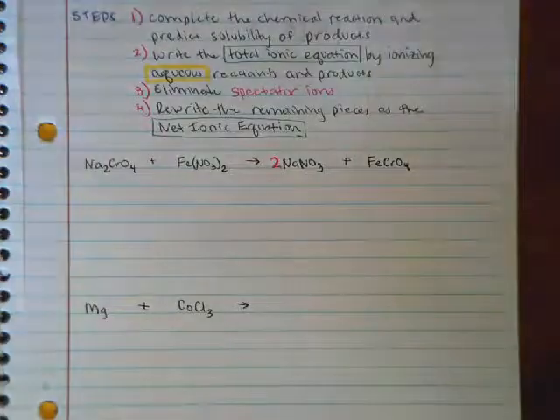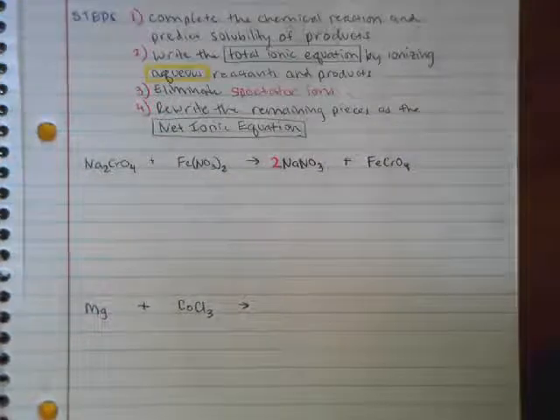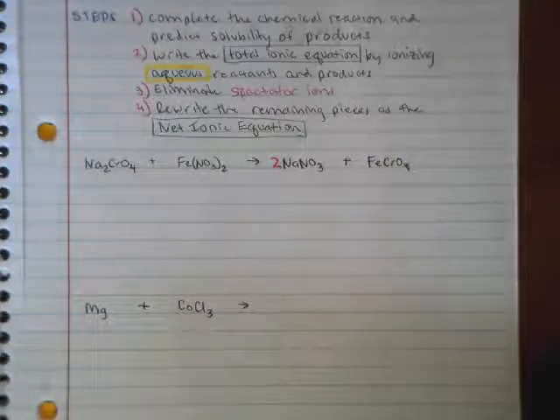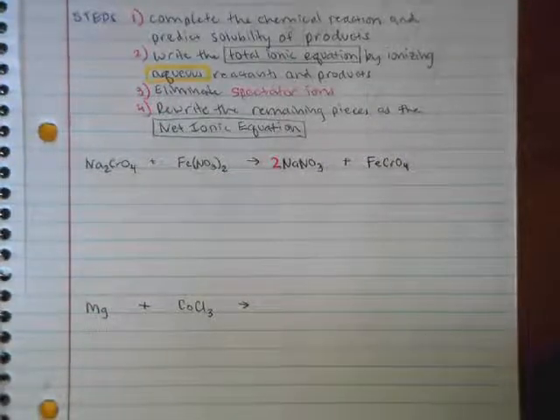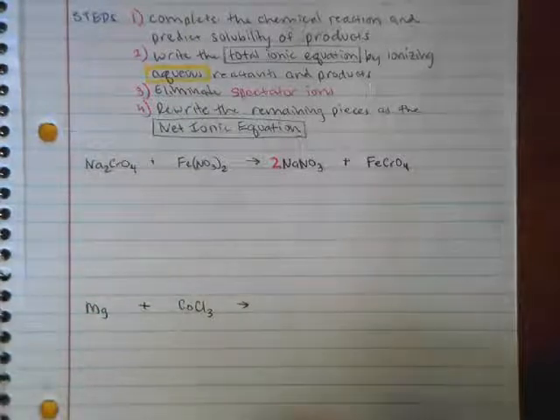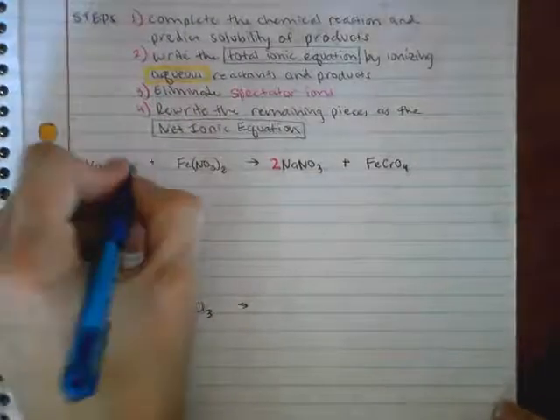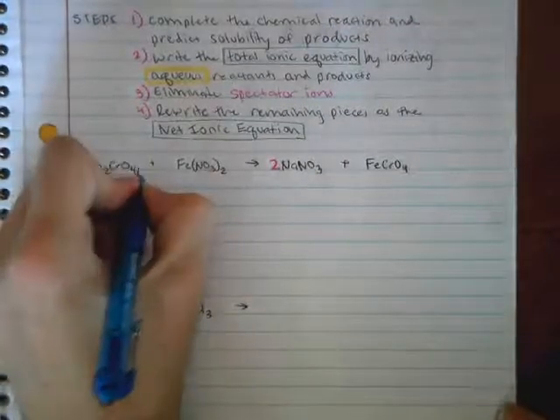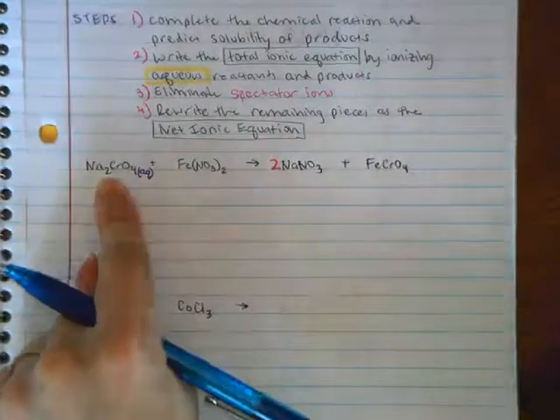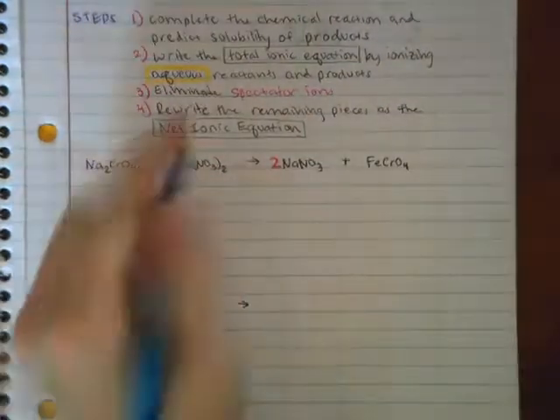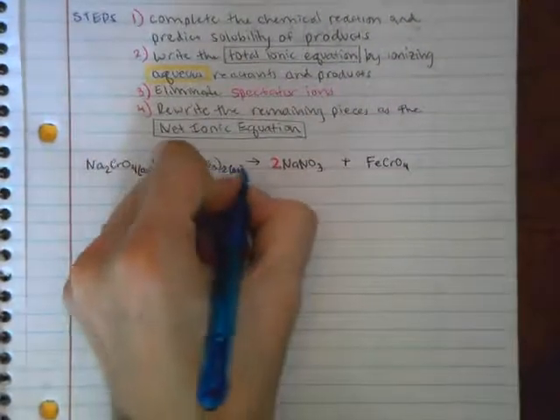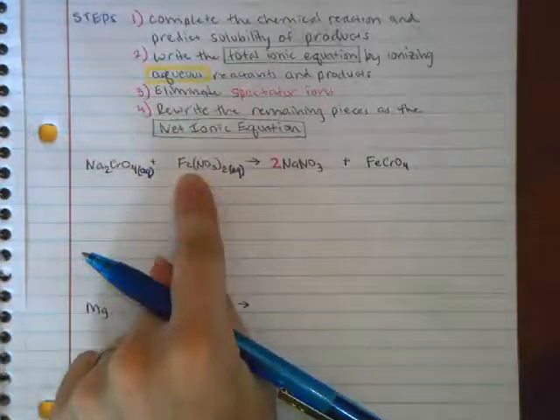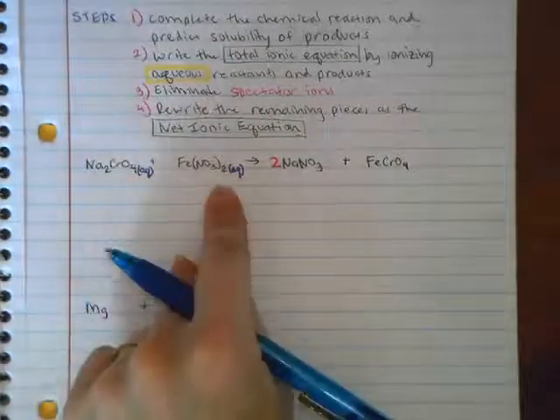Next, I need to evaluate the solubility of all of these reactants and products. Remember, we have some alwayses that we want to keep an eye out for. So sodium is an always. So without hesitation, I know that sodium chromate is going to be aqueous. Nitrate is another always. All right, so there's another aqueous compound. So these are two homogeneous mixtures.